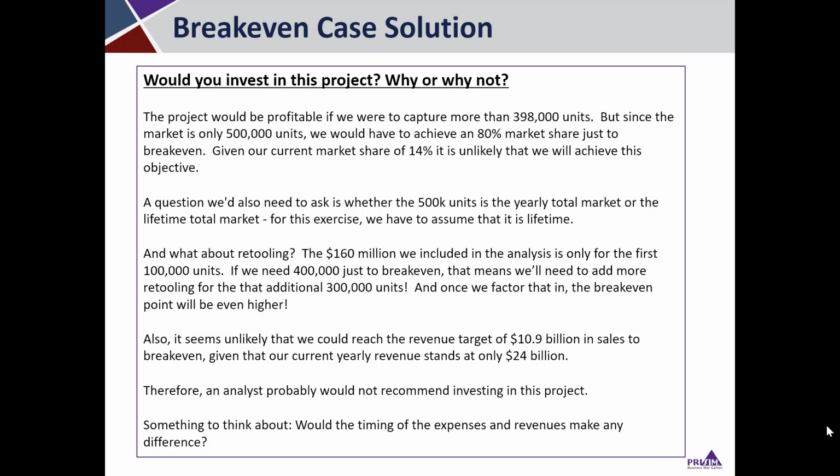And what about retooling? If we need 400,000 units just to break even, that means we'll need to add even more retooling, because that 160 million that we put into the calculation was only for the first 100,000 units. So once we factor in the additional 300,000 units that we would need to make to break even, the break-even point would be even higher.